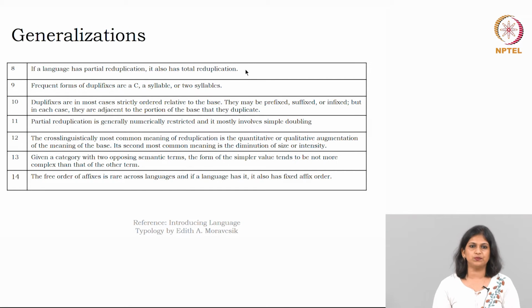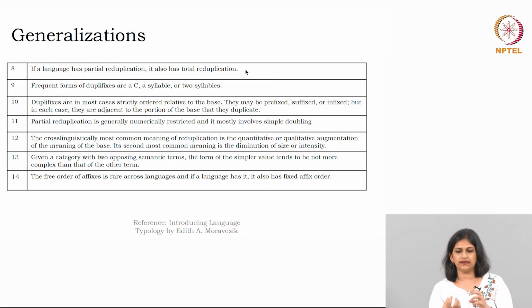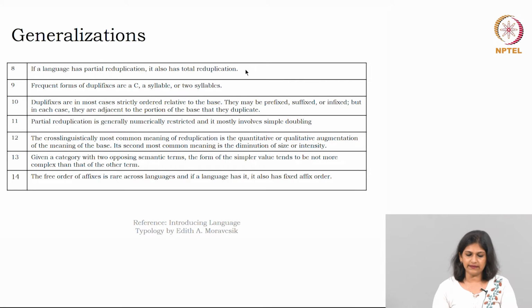It depends on the position. In which position does the consonant stay? When a particular syllable gets duplified, or a particular consonant, or 2 syllables, these are more frequent than any vowel duplifixation. So, it depends on the position of the consonant, and accordingly generalization 9 falls into place.